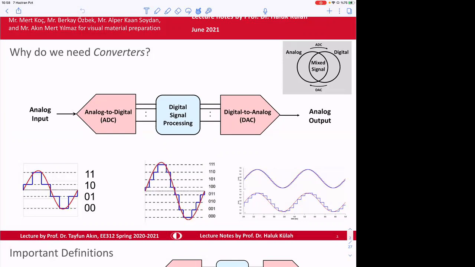So the maximum signal is divided into 4 parts, and then let's say the lowest signal is going to be 0 0, the highest signal is going to be 1 1, and then in between we give 0 1, 1 0 signals. Of course, this is not going to be a nice representation of that sine wave.